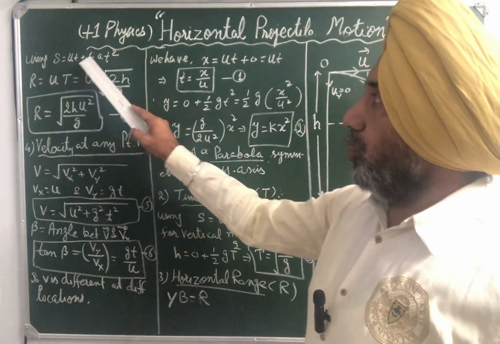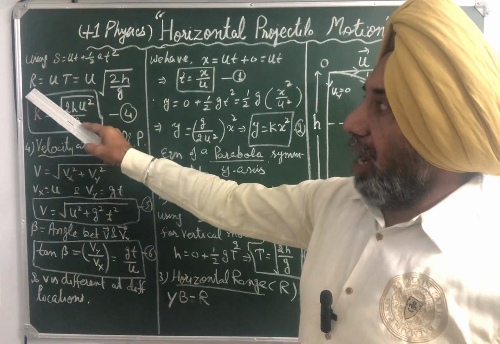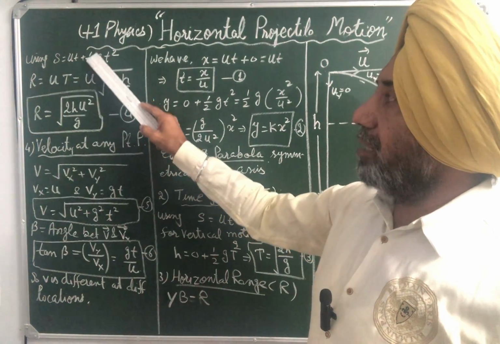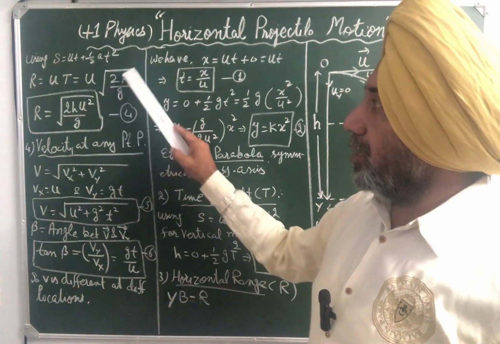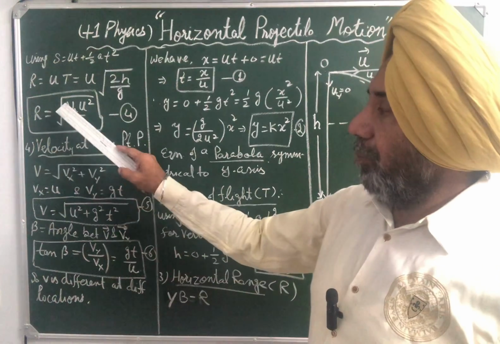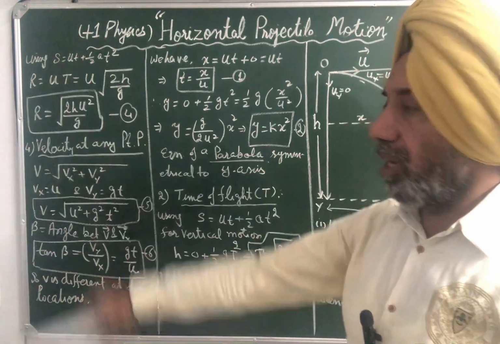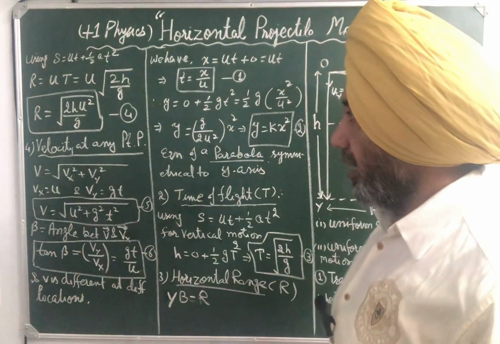Using again s equal to ut plus half at square, we have s equal to R, the distance covered. It will be u, t is capital T, and a is 0 in this horizontal motion. So u into under root 2h by g, the time of flight, or it will be under root 2u square h upon g, which is the required expression for the horizontal range of the projectile.